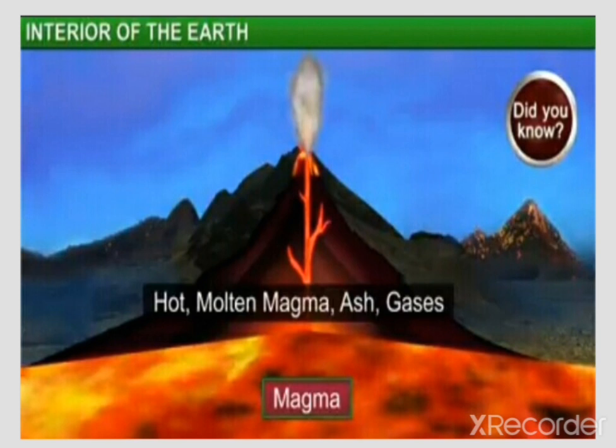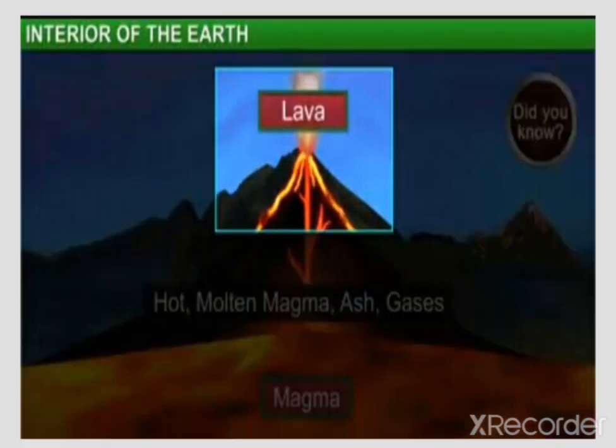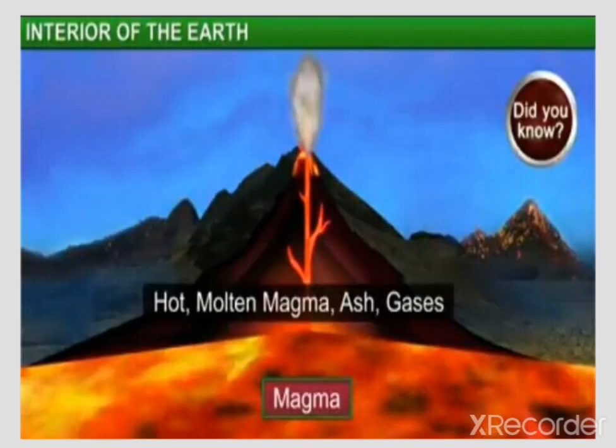And when a volcanic eruption takes place, through these chambers the magma comes out onto the surface of the Earth. When this magma comes onto the surface during a volcanic eruption, it is known by the name lava. And from where does it come? From the upper mantle layer.